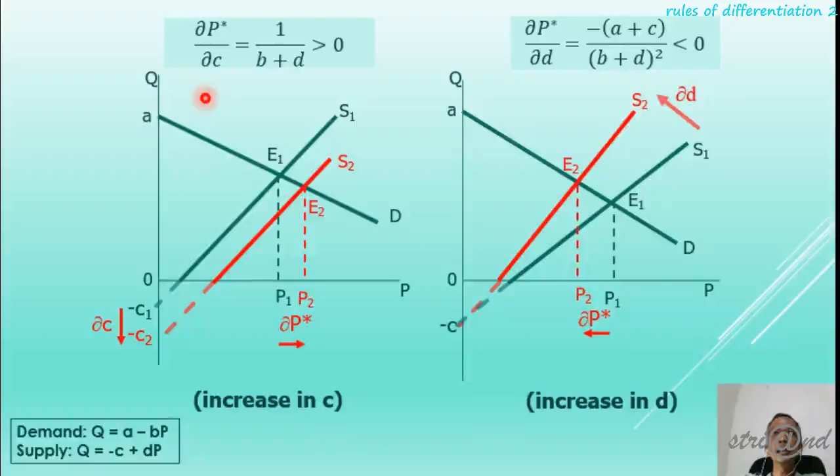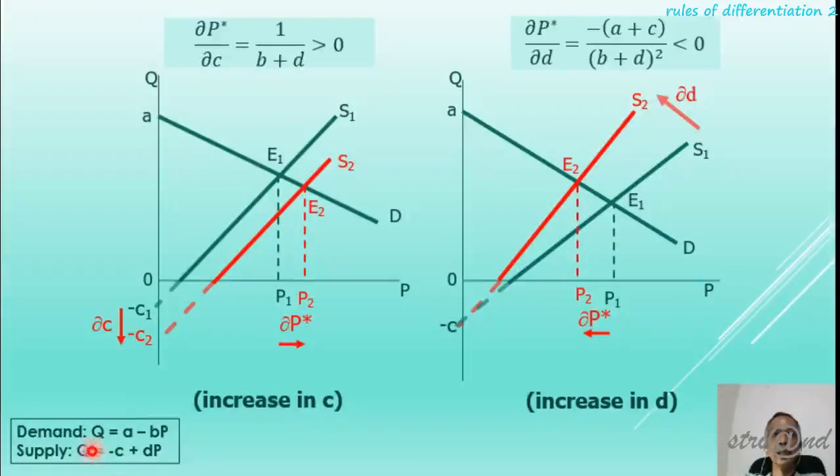Now let's see the graphical illustration of the partial derivative of P star with respect to C. C in the supply function is the vertical intercept here, because Q is put on the vertical, so C is the vertical intercept.